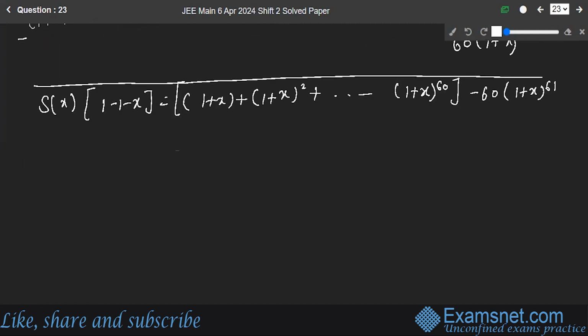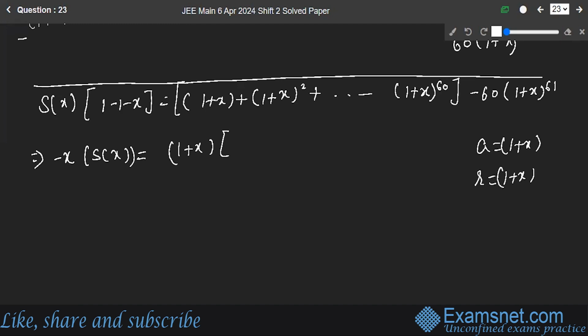Now this will be equal to minus x into Sx, with (1 plus x) taken outside. This is a GP, a geometric progression, where the first term is 1 plus x, the common ratio is also 1 plus x, and the number of terms is 60.